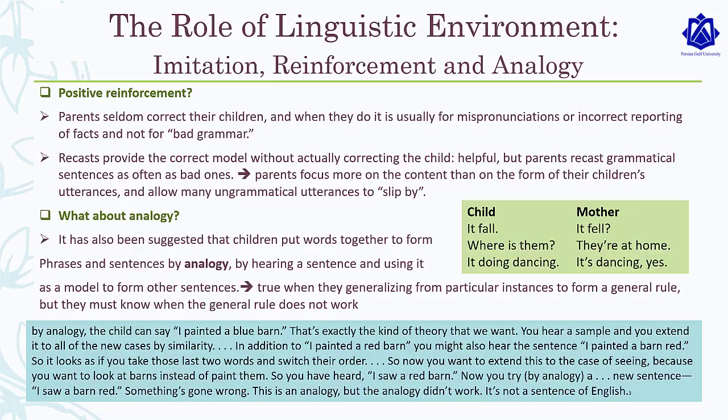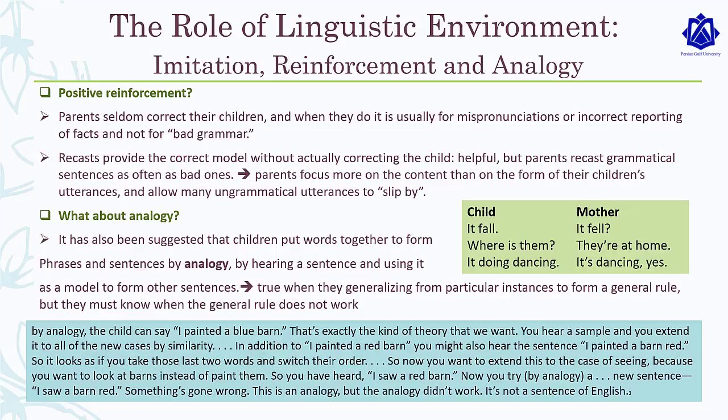Something's gone wrong. This is an analogy, but the analogy didn't work. It is not a sentence of English. So you see, if the child wants to learn the structure that can be used by paint, I painted a blue barn, and they can hear a sentence like this, I painted a red barn, I painted a barn red.